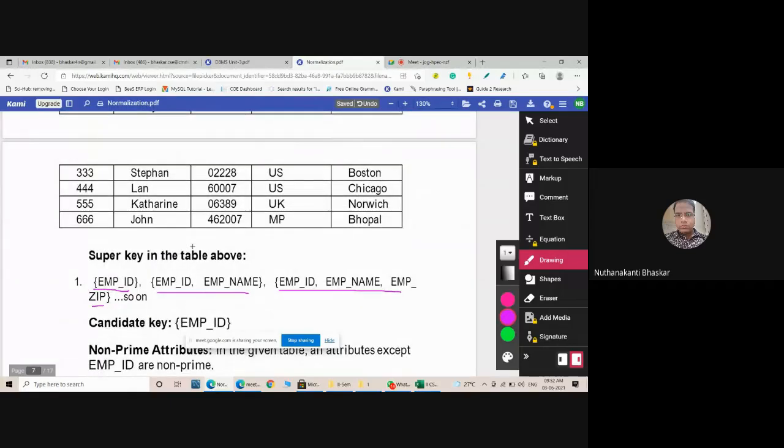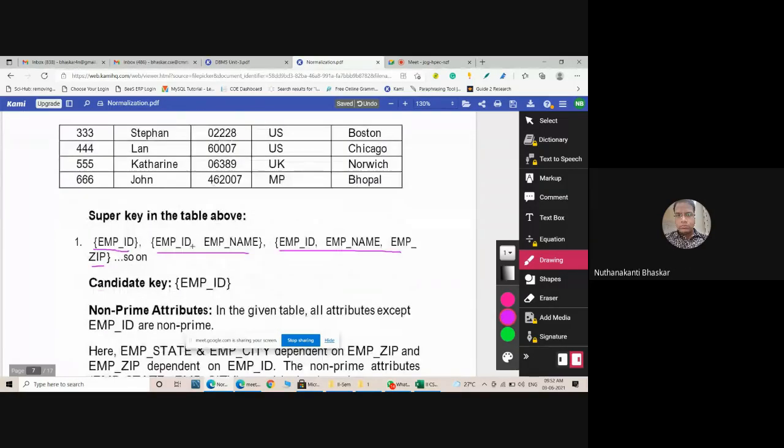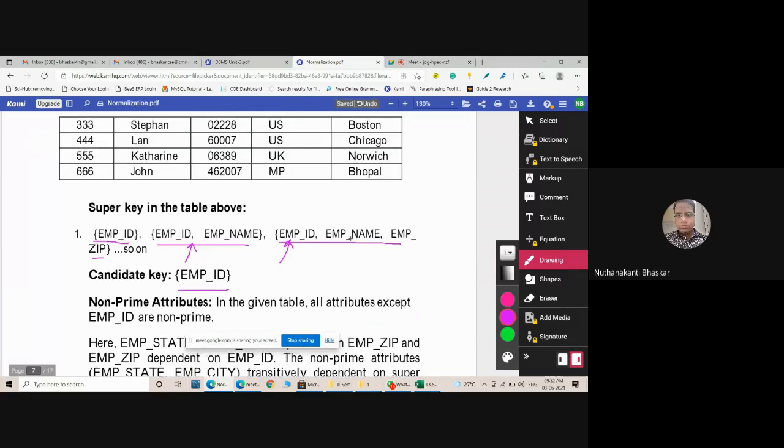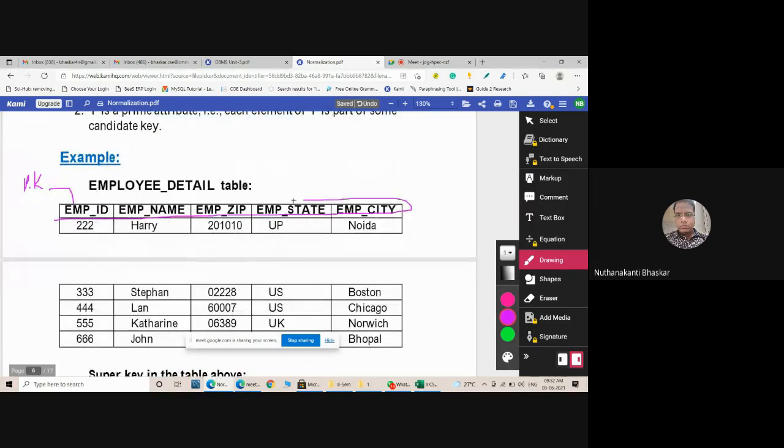Employee ID is shared everywhere, so multiple key attributes are coming. So the super key is nothing but all these attributes involved.